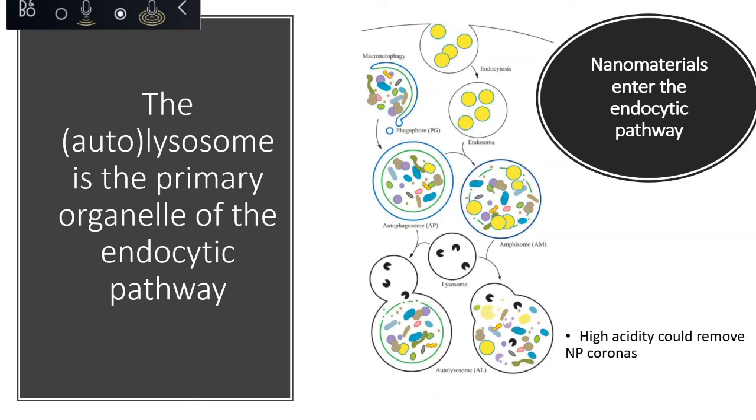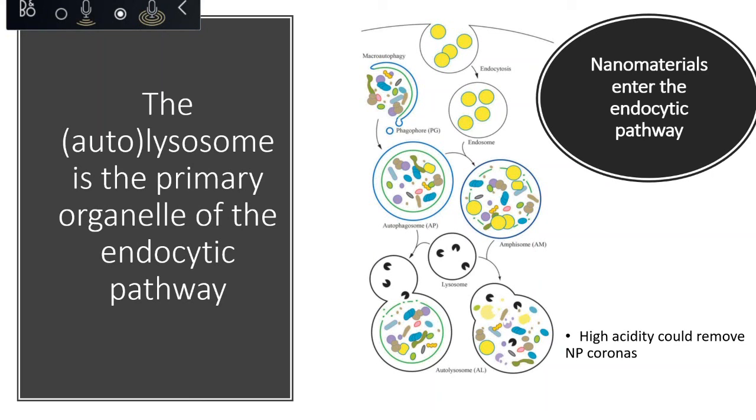By the time you've got to the autolysosome, you're in a very acidic environment, and one in which you can expect proteins to be broken down and then taken away to be used elsewhere in the cell. So this endocytic pathway is basically the garbage dump and recycling.